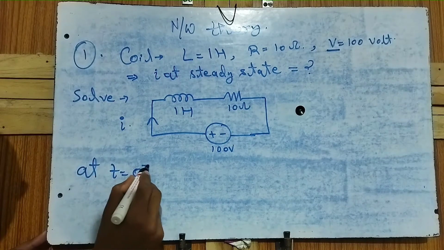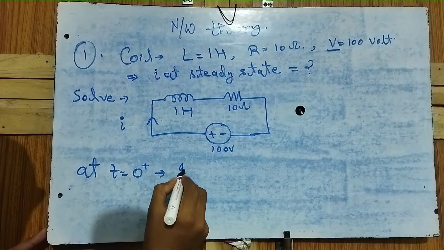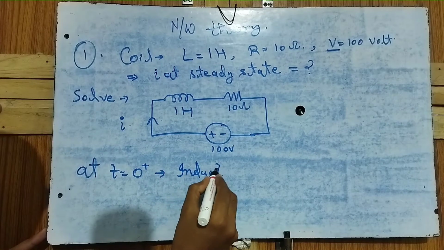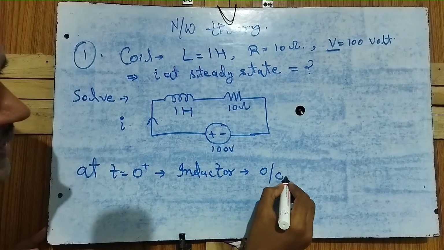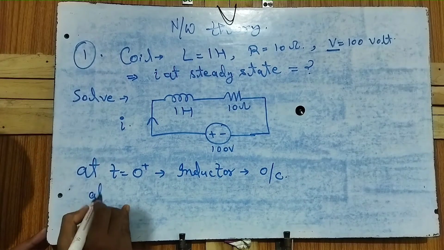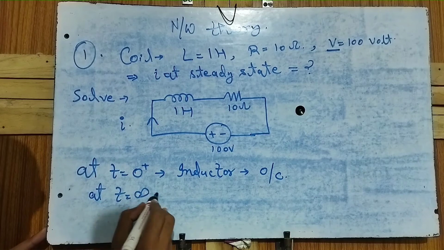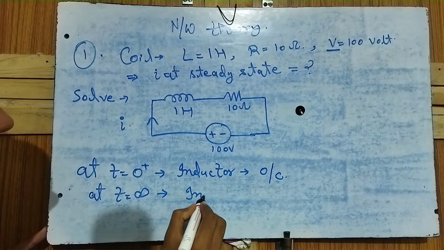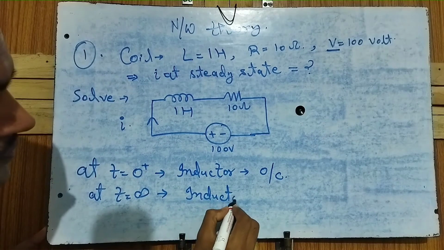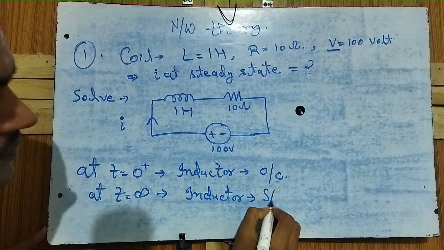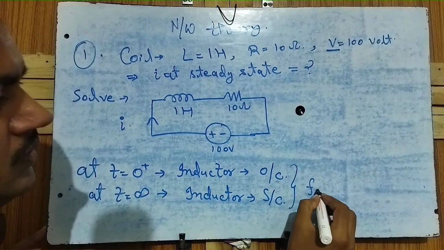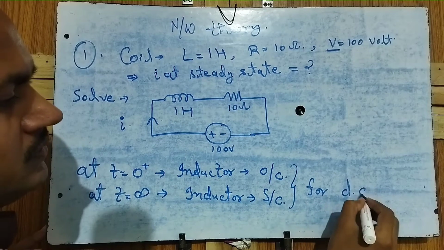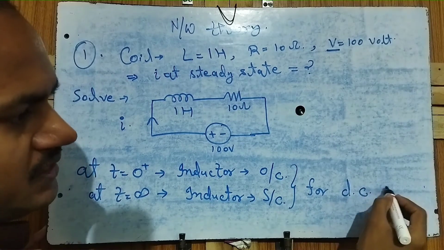At t is equal to 0 plus, an inductor will behave as open circuit, right? And at steady state, inductor will behave as short circuited, right? For what? For DC battery or DC source.